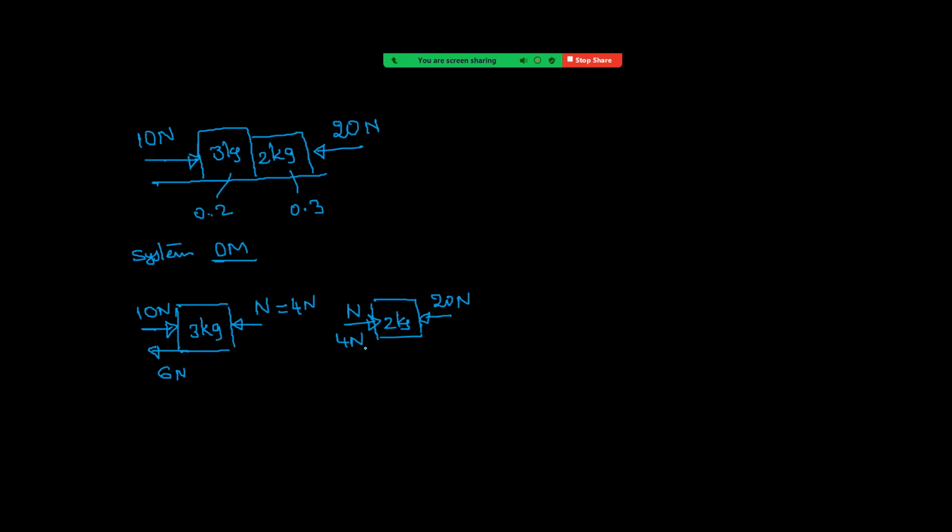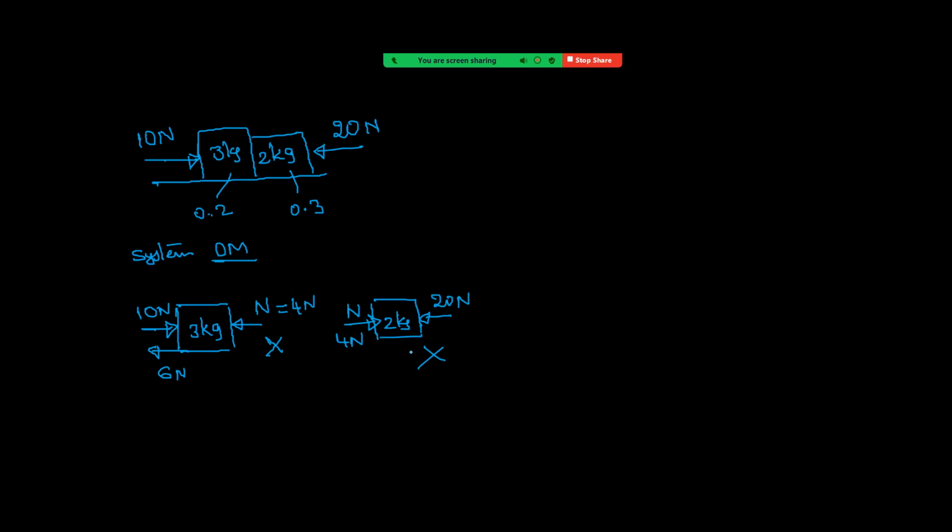Net value 16. So this 16 must be balanced by frictional force. But here the maximum value is 6 Newton. That means on the 2 kg block, net value cannot become 0. But we know that the system does not move. But here what did we get? Net force cannot become 0. That means this is not correct.